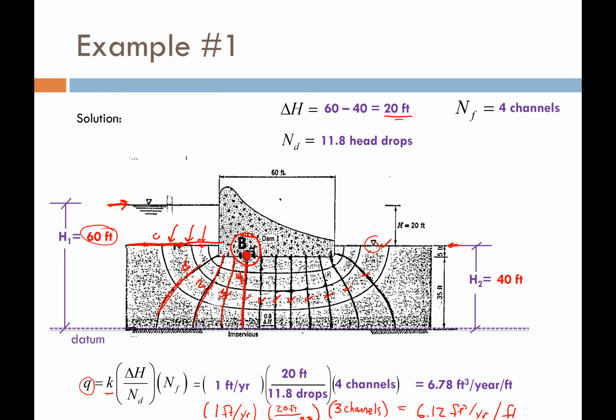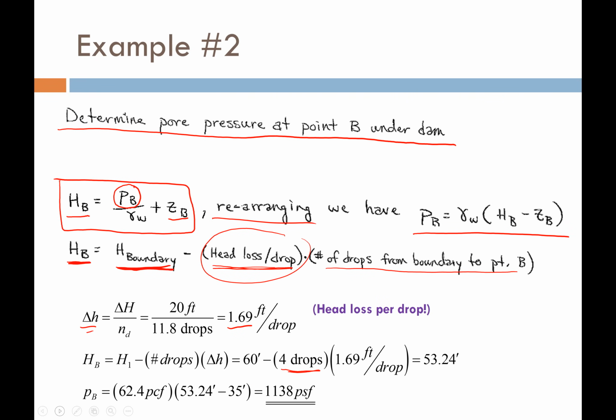That's, I guess, drop 0. So that's why I have 4 drops, times 1.69 feet per drop. So I get 53.24 feet of total head at point B.